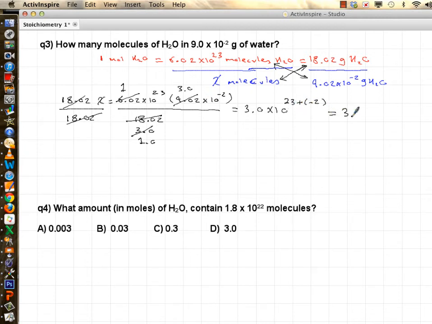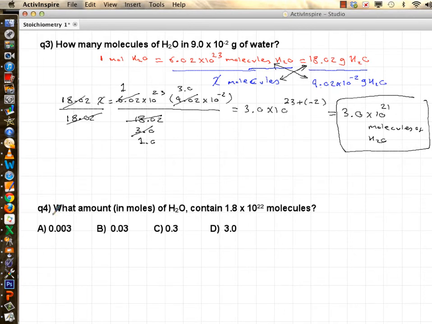So this is equal to 3.0 times 10 to the power 21, and you put your units of molecules of H2O. Extremely small quantity of grams, it's 9.02 times 10 to the minus 2, but a humongous amount of molecules, and this is really equal to give and take about 2 drops of water.